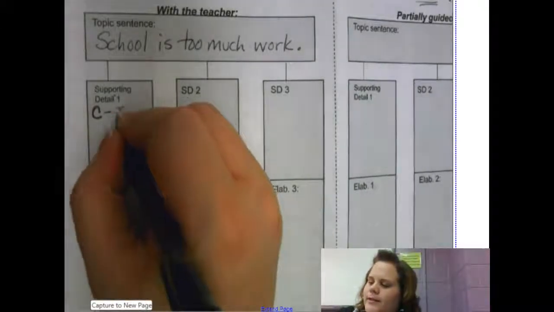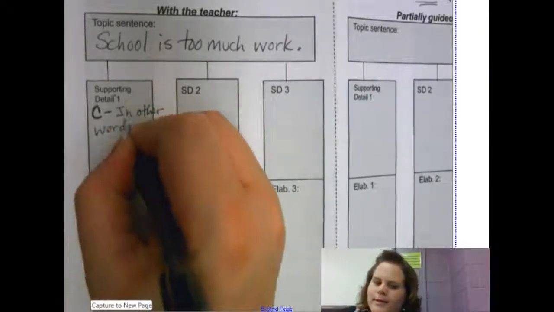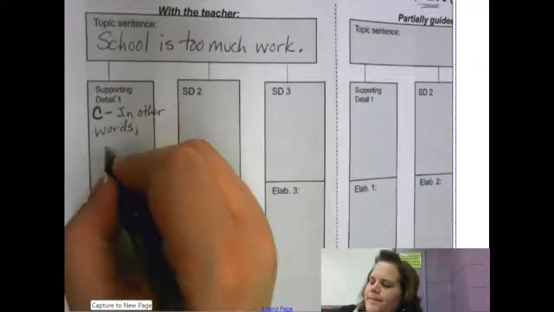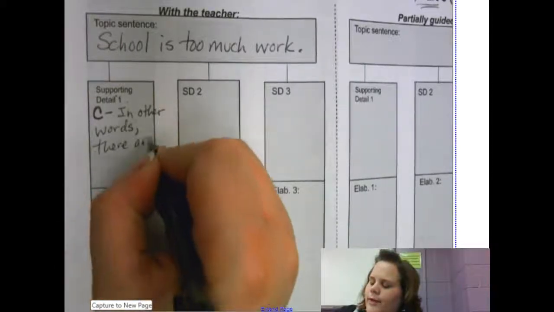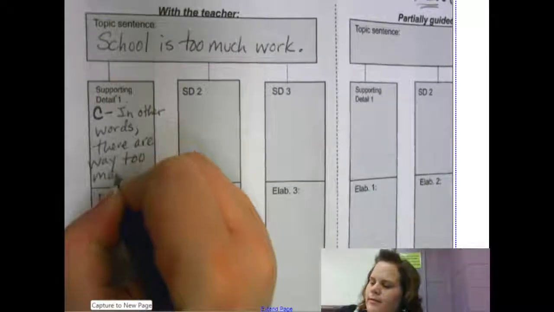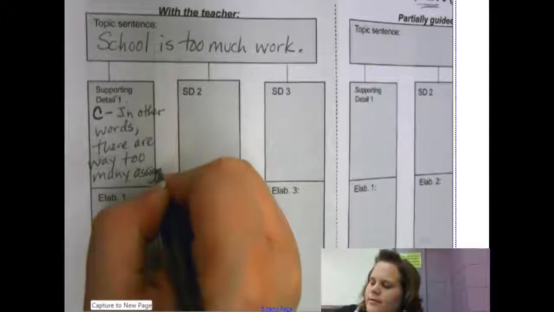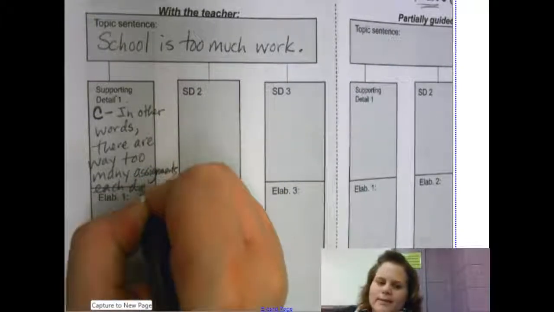So I'm going to say, in other words, comma, because that's a good transition. In other words, there are way too many assignments each day, and it's okay if it doesn't fit in a box.